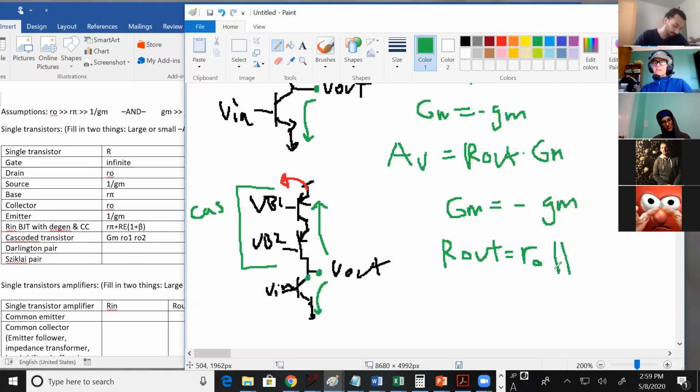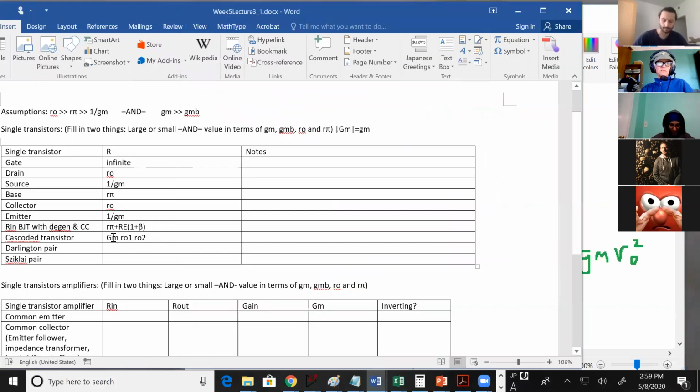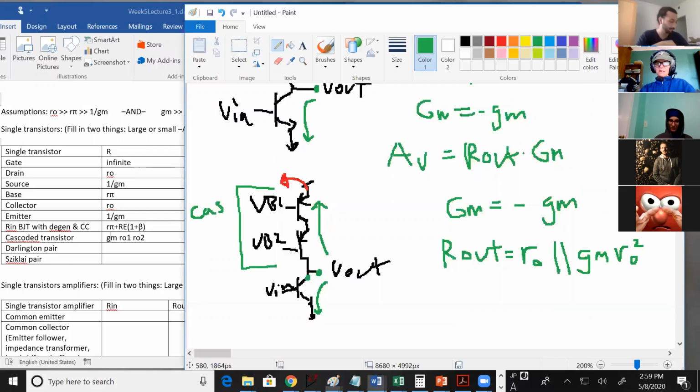And then your resistance actually goes up by a lot. That should be lowercase, RO squared. So then it'd be the GM2 RO. Oh, I see. You just squared it. Yes, I could put RO1. I guess that would be more correct. I shouldn't rush. Okay, and then you can see the gain is a lot bigger.